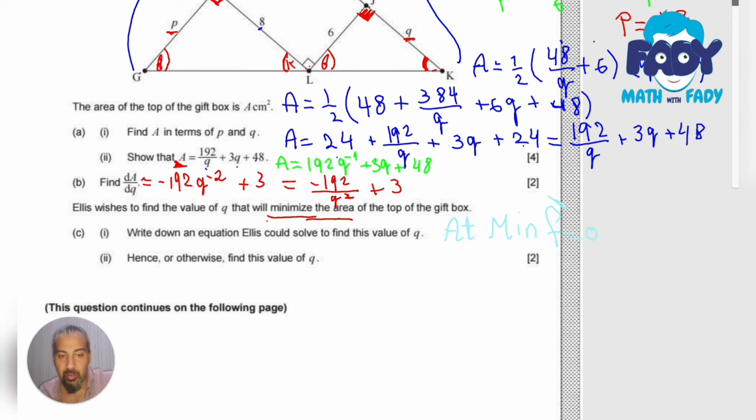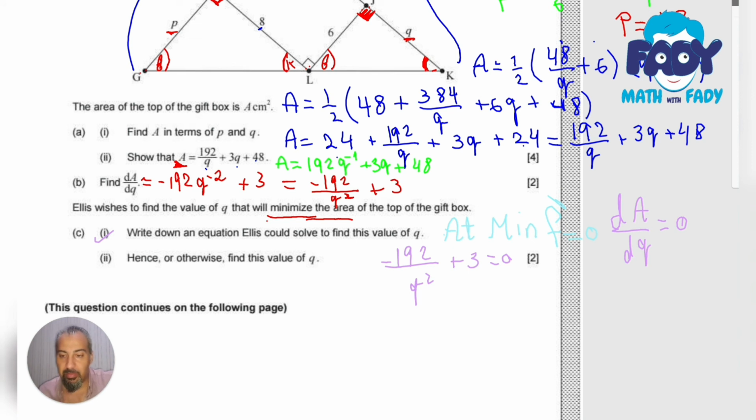What is f dash? This is the derivative. So dA over dQ is equal to 0. So our equation will be negative 192 over Q squared plus 3 equals 0, and this is our answer for I. This is the equation which is needed to make the area minimum.